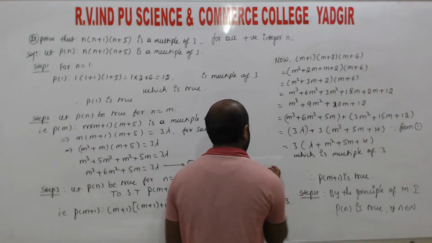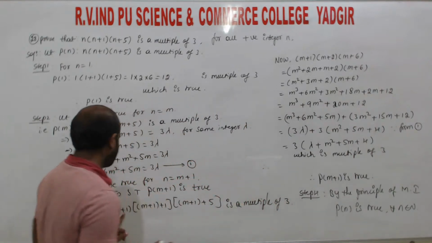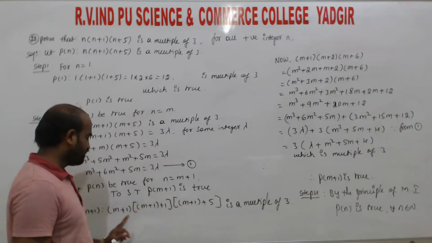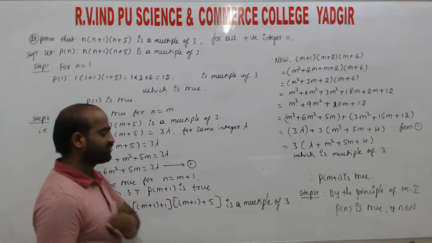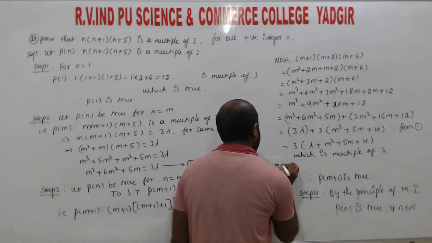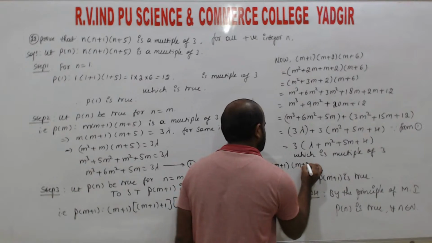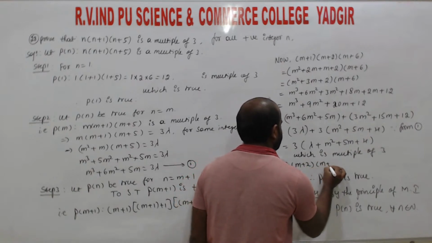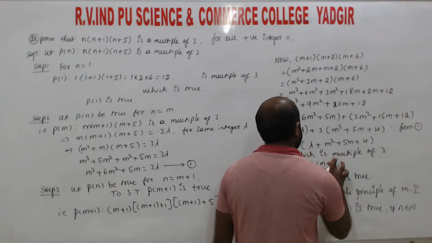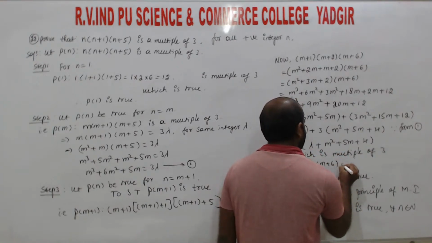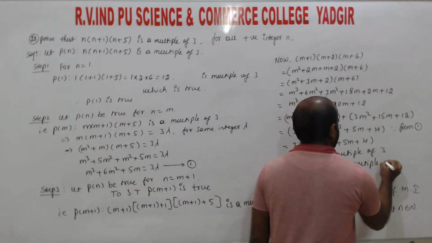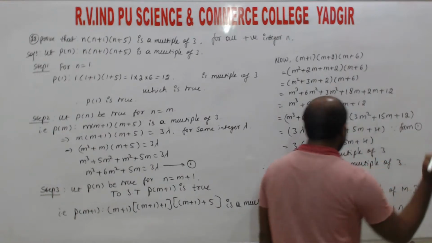Okay, therefore m plus 1 into m plus 1 plus 1, m plus 1 plus 5, this means m plus 1, m plus 2, m plus 6 is a multiple of 3.